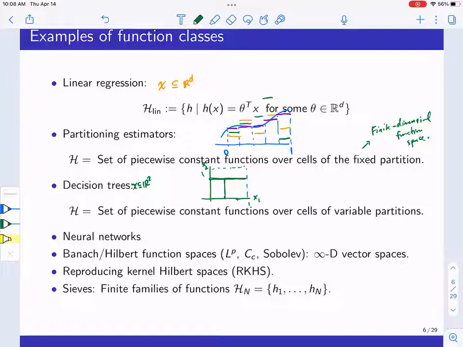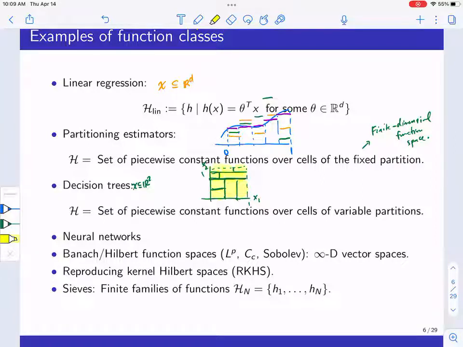Within this, I might have to split again on this coordinate. And within each one of them, again, here I might do this and this. So in each cell, you decide which coordinate to split on and the location. The location is adaptive, and in the end you get a function which is piecewise constant on these cells.